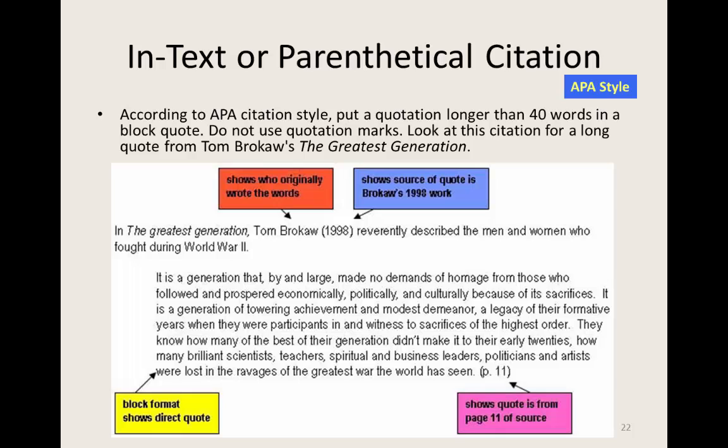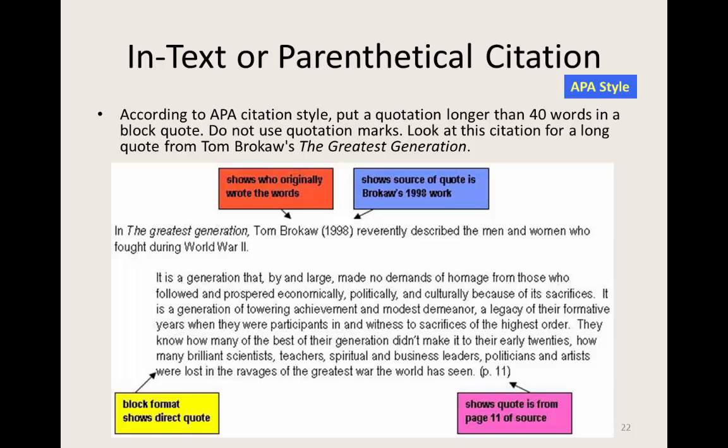It is a generation that by and large made no demands of homage from those who followed and prospered economically, politically, and culturally because of its sacrifices. It is a generation of towering achievement and modest demeanor, a legacy of their formative years when they were participants in and witness to sacrifices of the highest order.